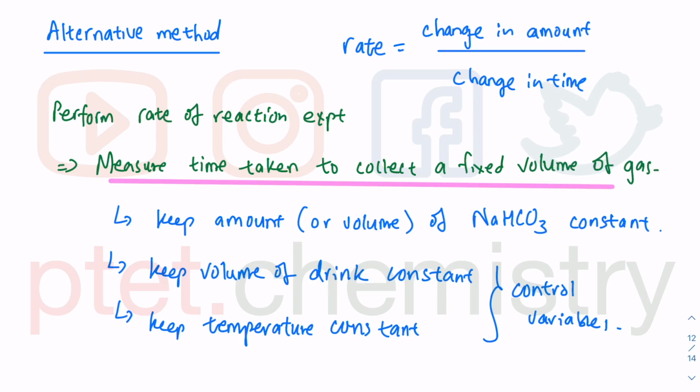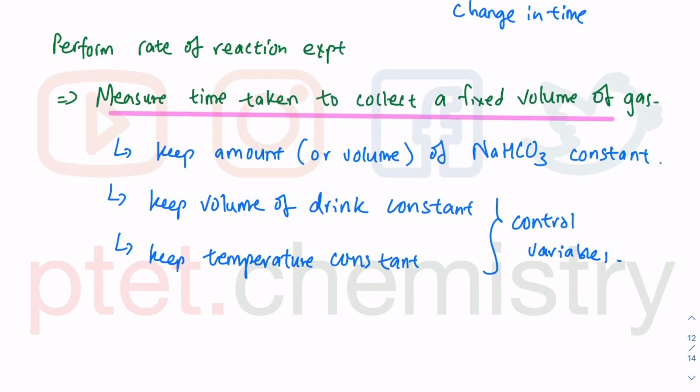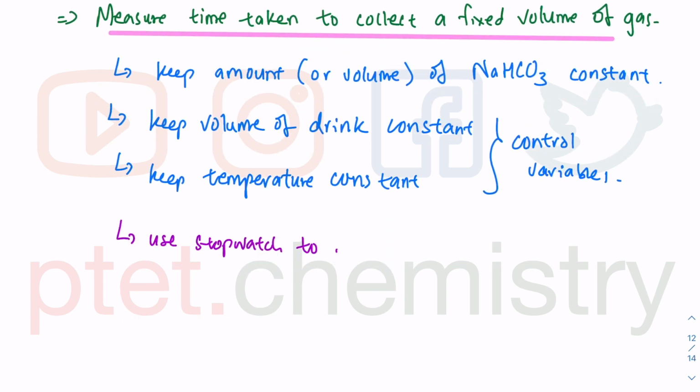You're going to keep the same amount of sodium hydrogen carbonate used, keep the volume of the drinks used the same, the Coca-Cola and the value Coke, keep temperature constant. Here what we're going to do is we're going to use a stopwatch, of course, to monitor the time taken, because there's the apparatus you use.